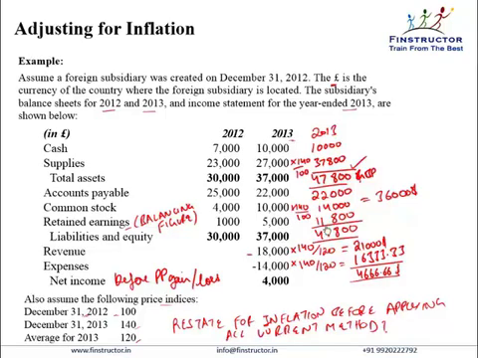The retained earnings is fixed at $11,800. Once again, the retained earnings is nothing but the beginning retained earnings plus the net income minus dividends. Since there are no dividends, the net income has to be 11,800 minus 1,000. This is the ending value of the retained earnings and this is the beginning value of the retained earnings.